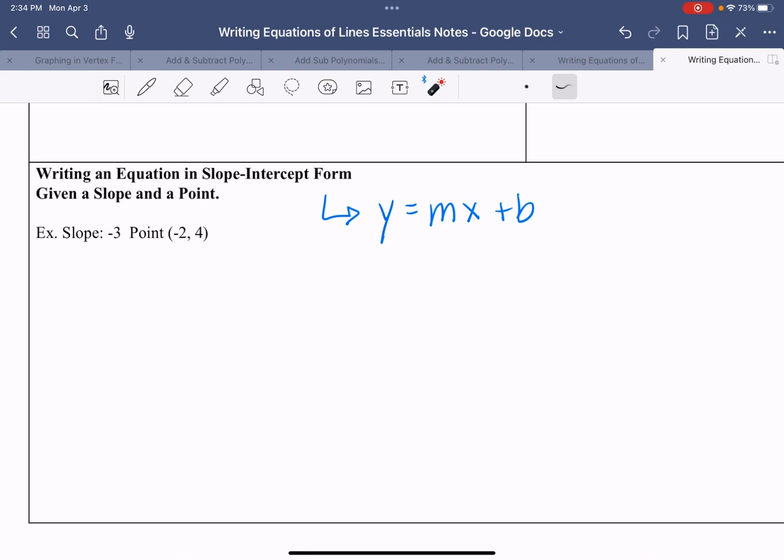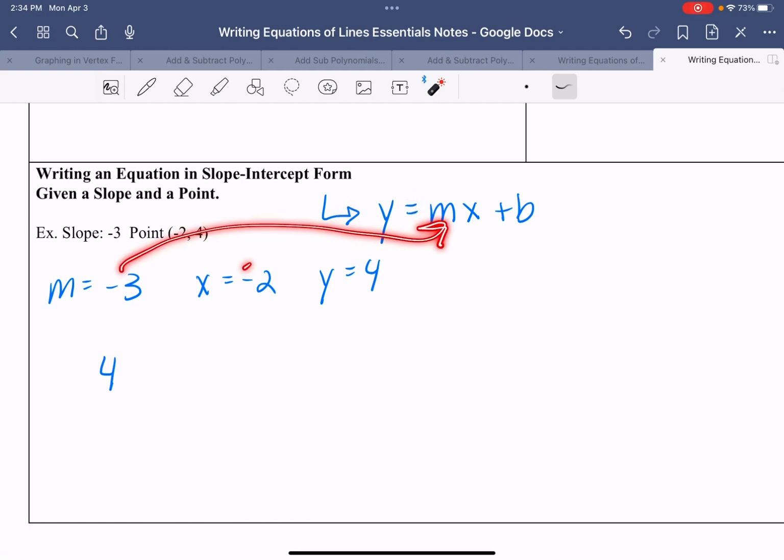But we do have a point on the line, so we can plug these numbers into this equation and solve for b. So let's do that. Our slope is -3, our x is -2, and our y is 4. Knowing all that information, I'm going to plug it in.